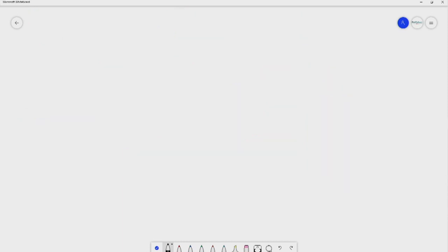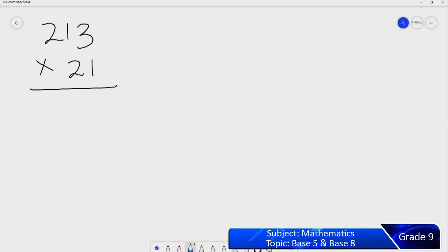So the final example that we're going to look at is 213 multiplied by 21. So we're going to start with the 1 and we're going to multiply everything at the top. Any number multiplied by 1 will just be the number itself, so we could just rewrite 213.